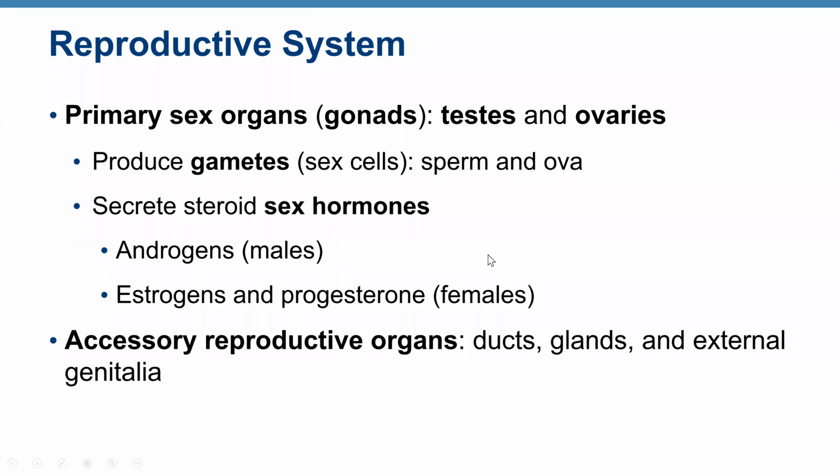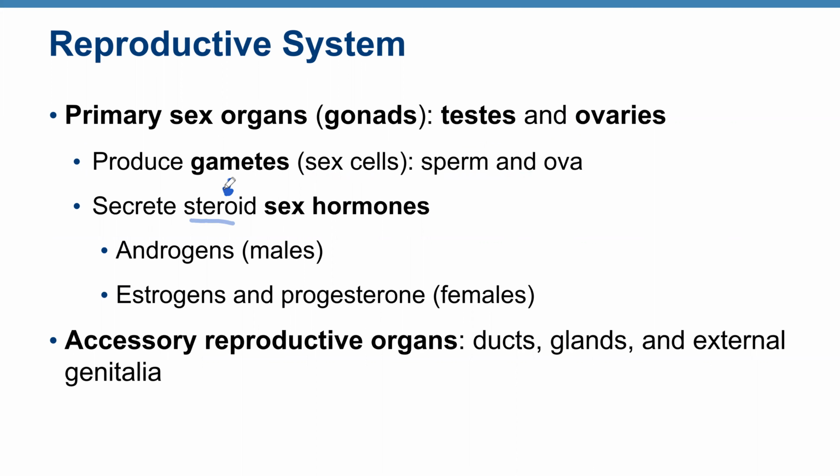So the primary organs of the reproductive system are gonads. Gonads are testes and ovaries. Gonads produce gametes or sex cells, sperm and ova, and secrete steroids.